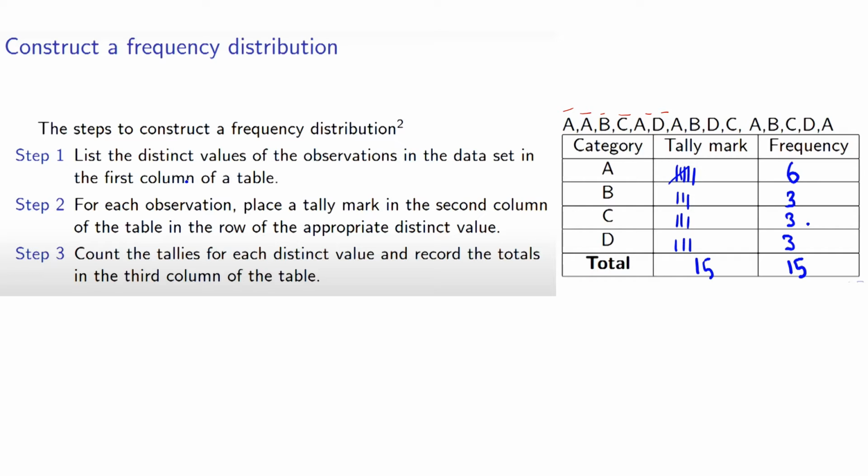Then for each observation, place a tally mark in the second column. First we check A, so we put A, again A, then B, then C, then A, D, A, B, D, D, A, B, D, C, A, B, C, C, A, B, C, D, A, D, A. So A is total 6, B is 3, C is 3, D is 3.